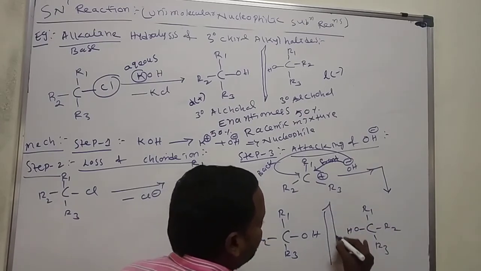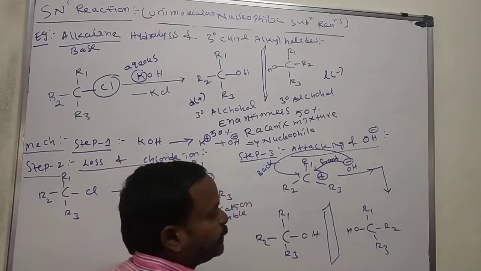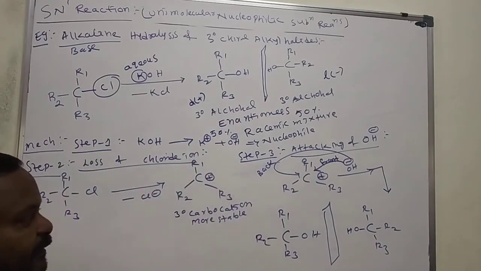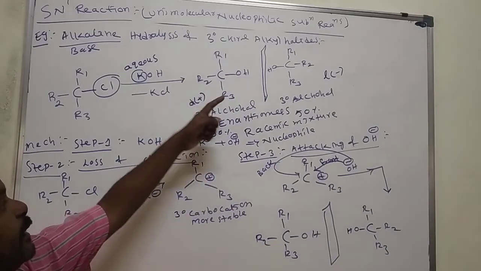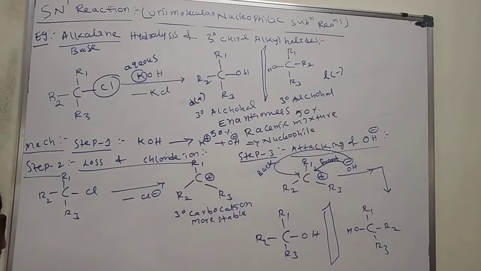These two are non-superimposable mirror images. Are these non-superimposable mirror images visible? Non-superimposable mirror images are called enantiomers.